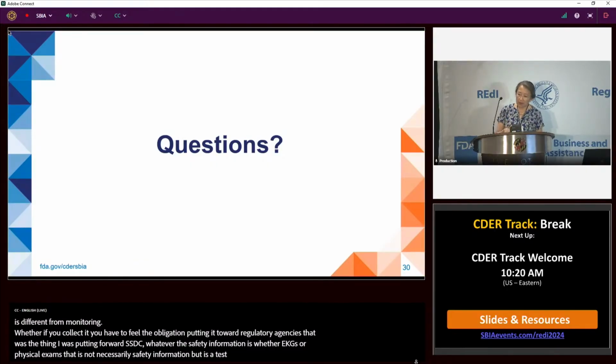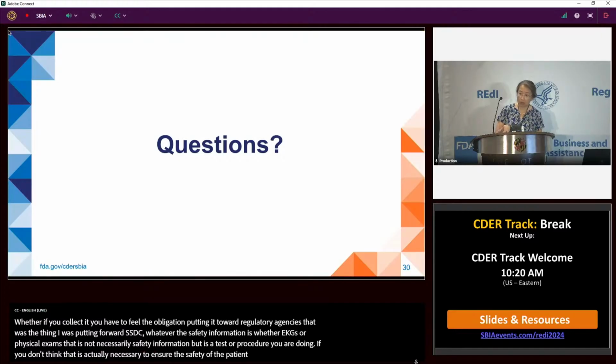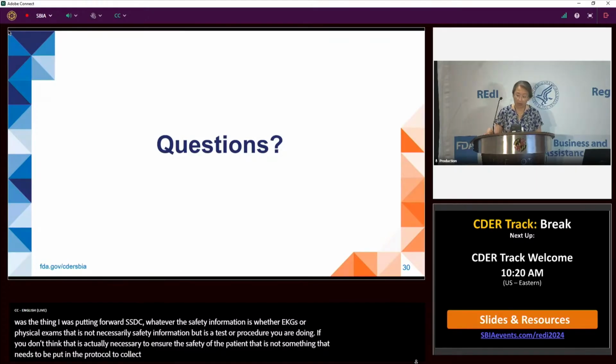If you don't think that it's actually necessary to continue to ensure the safety of the patient, then that's not something that needs to be put in the protocol to collect in the CRF. And if you don't have it in the CRF, you won't be reporting it to the agency. So I hope that answers your question.